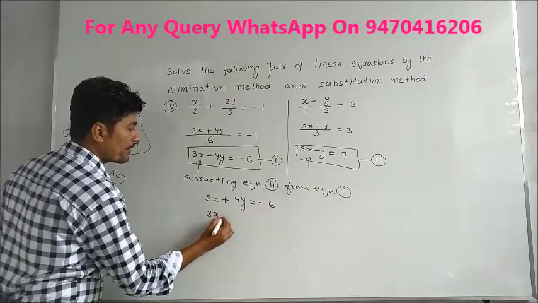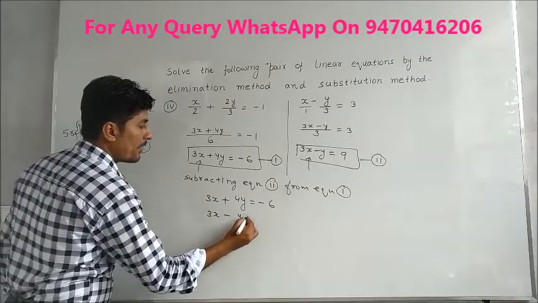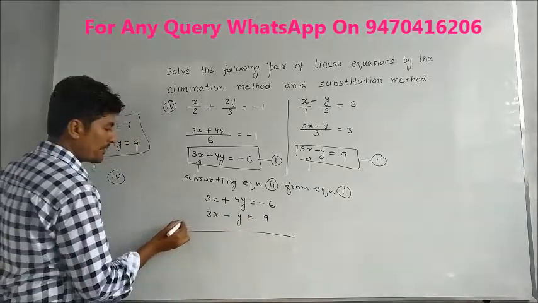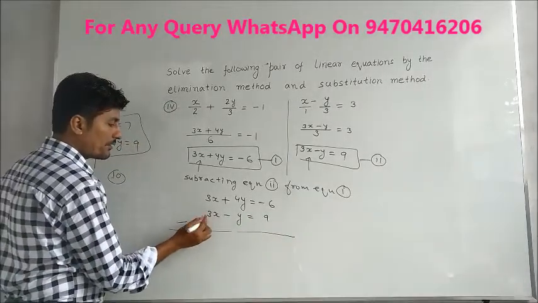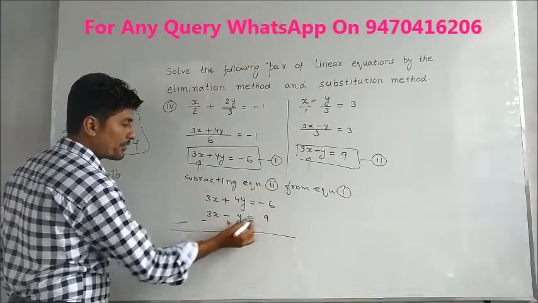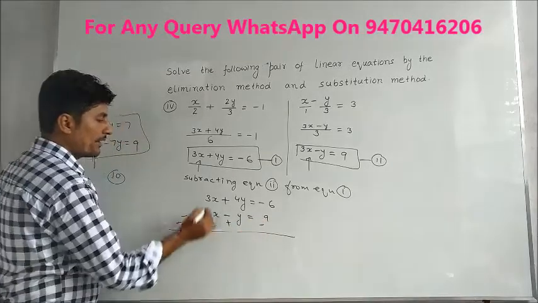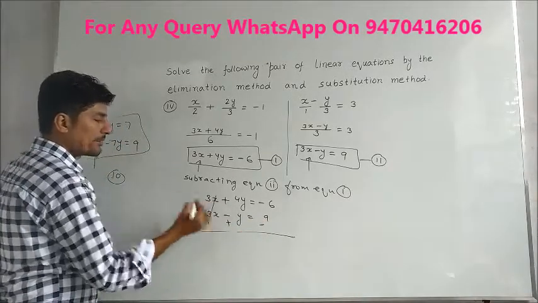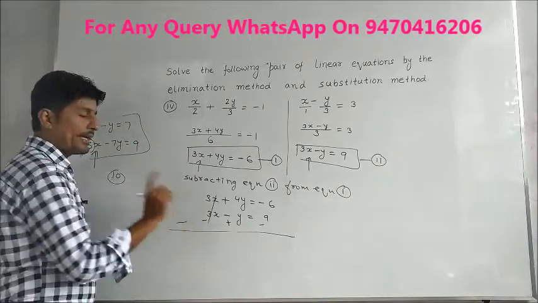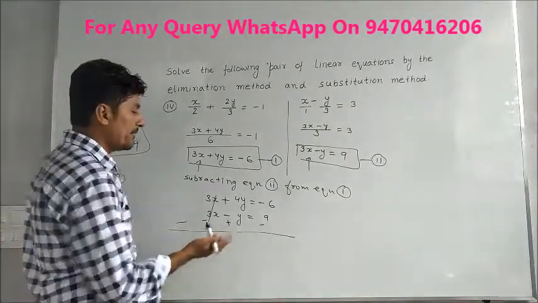Second equation, 3x minus y equals to 9. Now we will subtract both the equations. Signs will change, positive to negative, negative to positive. 3x minus 3x, both are cancelled. Now the term of x is eliminated.